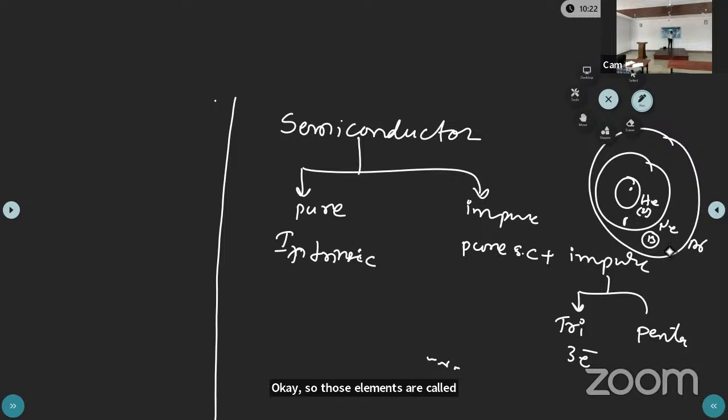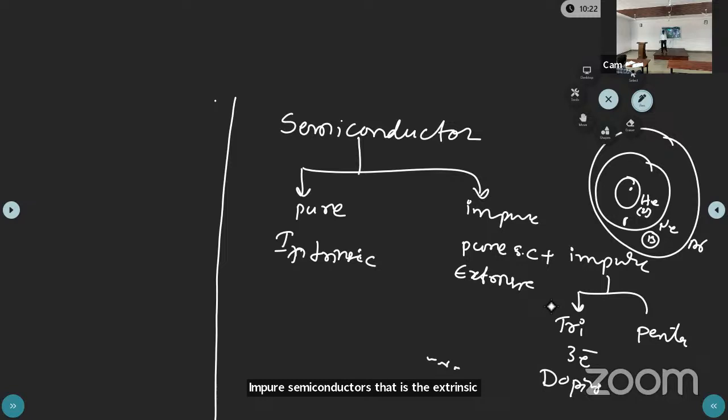Now, pentavalent elements have 5 valence electrons. Those 5 electrons are free. Now here we come to the word doping. How do we get impure semiconductors? That is the extrinsic semiconductor.